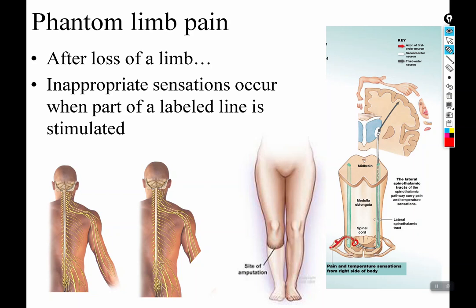And so it's like, okay, well, what I do when I get excitation is I just send it upstairs. And so the thalamus is like, there's pain and it's on the leg, let's say. And so you have an ouchy or itchy leg, even though you don't have a leg anymore. So that's what phantom limb pain is.